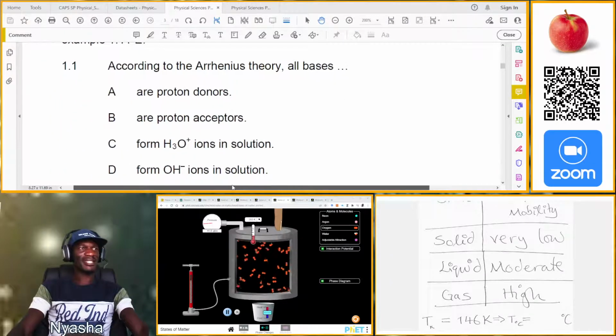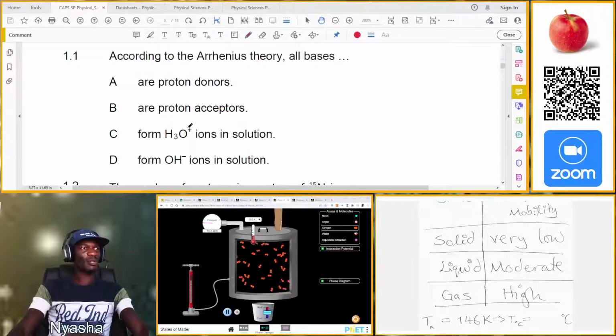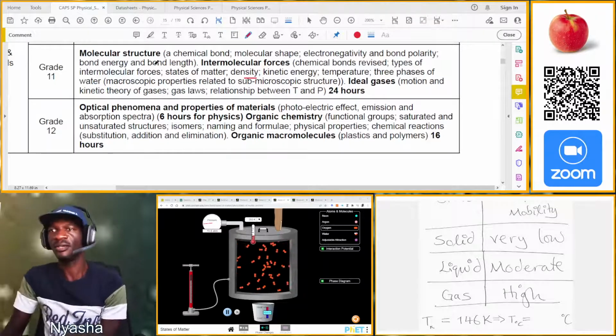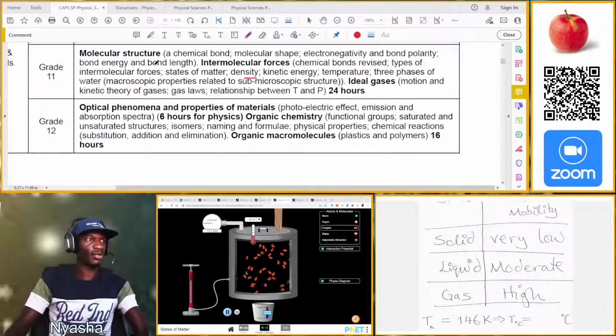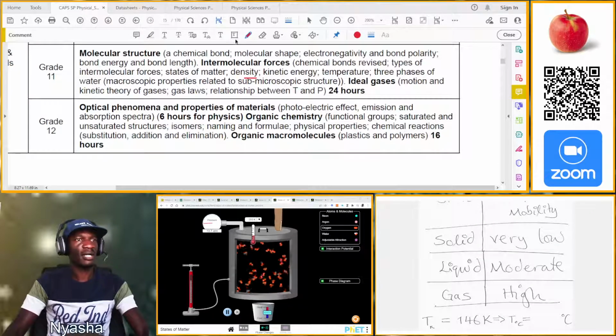Let's just pick a molecular or atomic structure topic. Why are we saying molecular structure? It is the first topic in our grade 11 chemistry. So you're already approaching grade 12 and you need to be prepared for this. By the time we finish, the objective is we would have done up to the last topic.